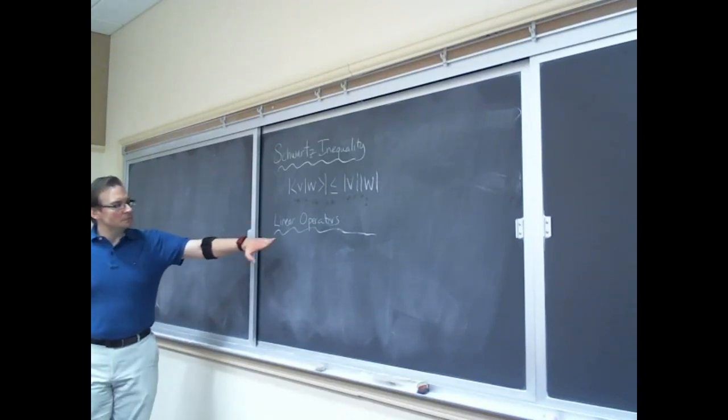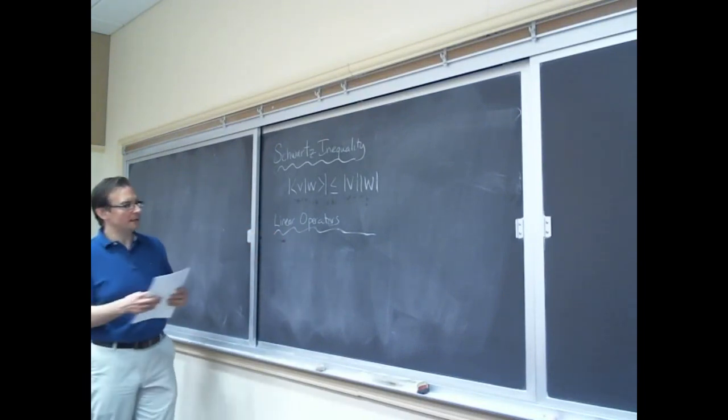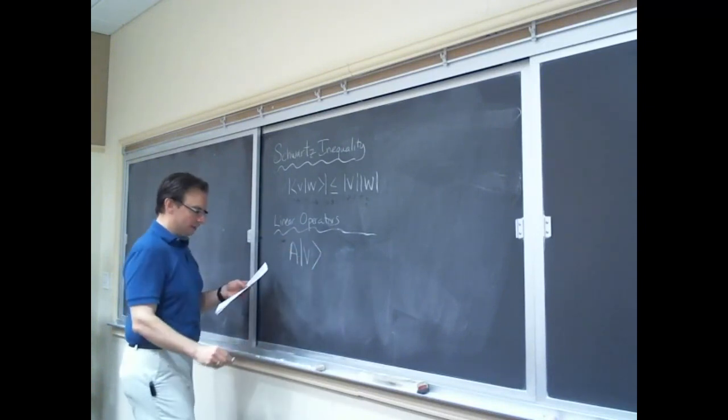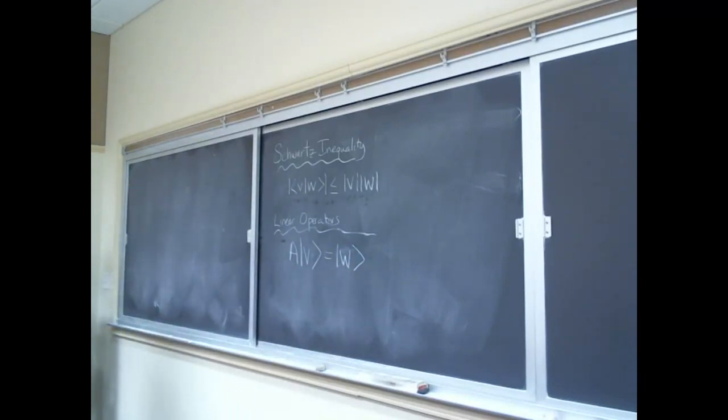Okay, changing topics a little bit, we now want to concern ourselves with operators and specifically linear operators. So an operator is any object A that when it multiplies ket V returns another vector in the vector space, so ket W, let's say.